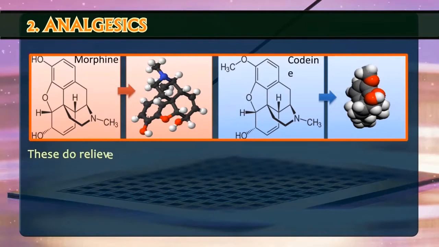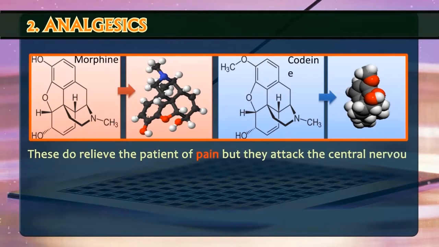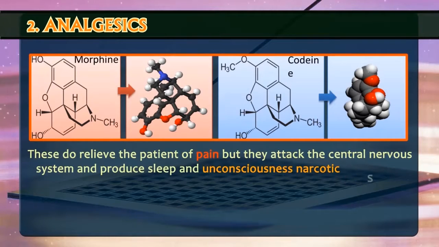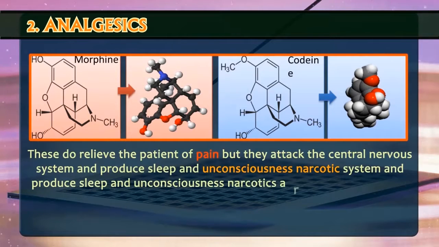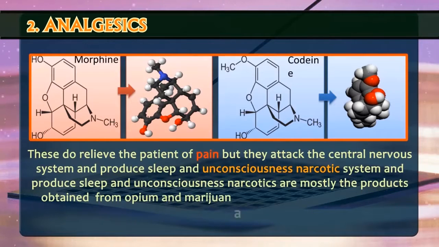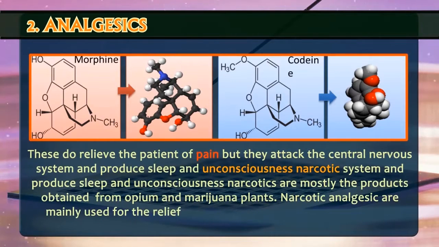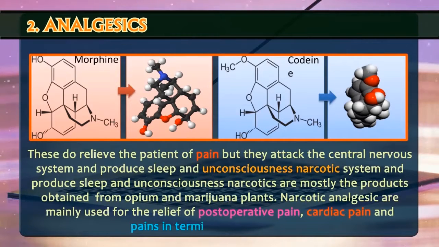These do relieve the patient of pain, but they attack the central nervous system and produce sleep and unconsciousness. Narcotics are mostly the products obtained from opium and marijuana plants. Narcotic analgesics are mainly used for the relief of post-operative pain, cardiac pain, and pains in terminal cancer patients.